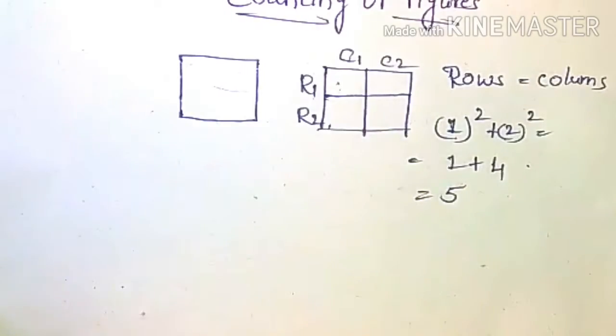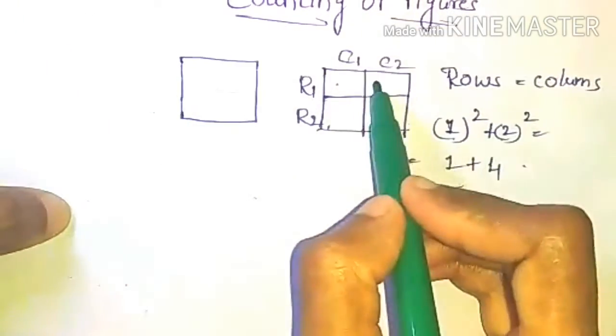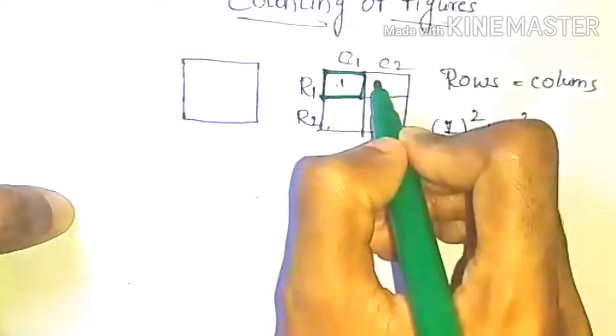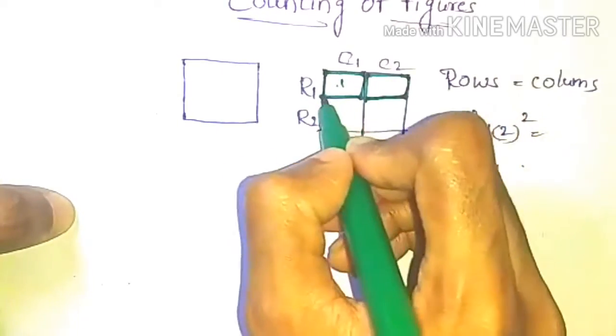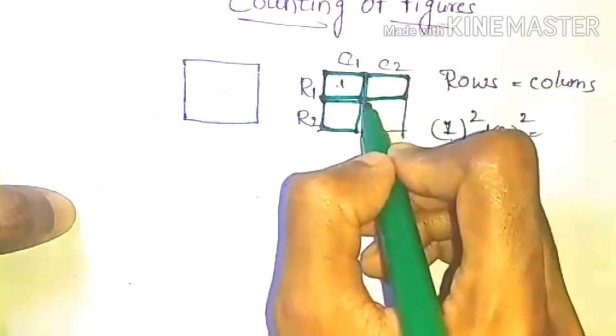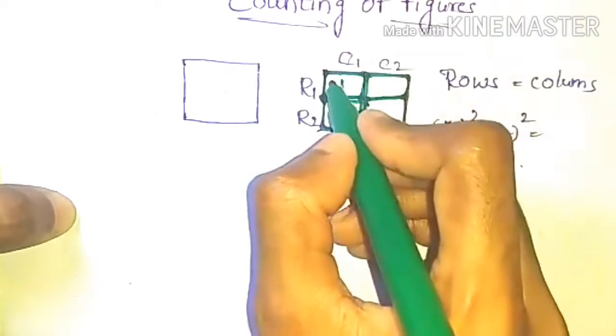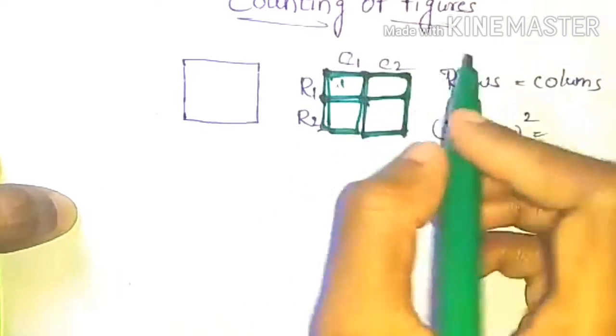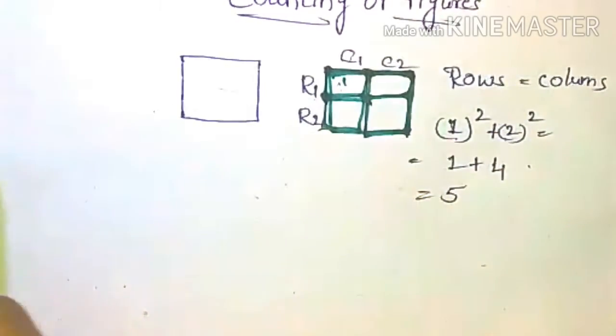Now let us see how many squares there are in this particular figure. This is 1, this is 2, this is 3, this is 4, and this whole is 1. So total how many squares? 5 squares are there, right?